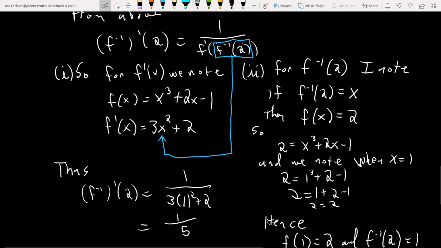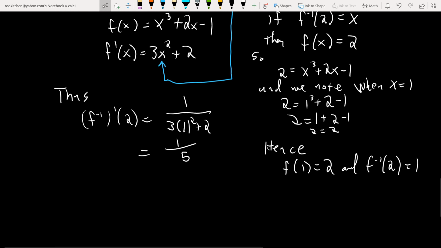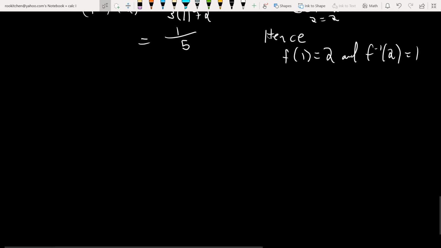So interesting, right? Let's look at the derivatives of inverse trig functions. I introduced that in the last section, so let's make it a little more formal now.